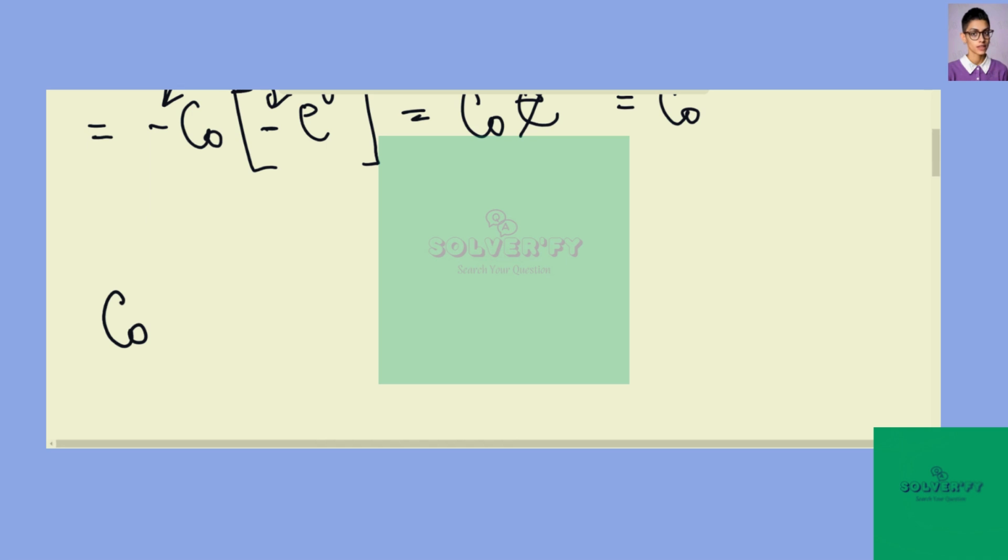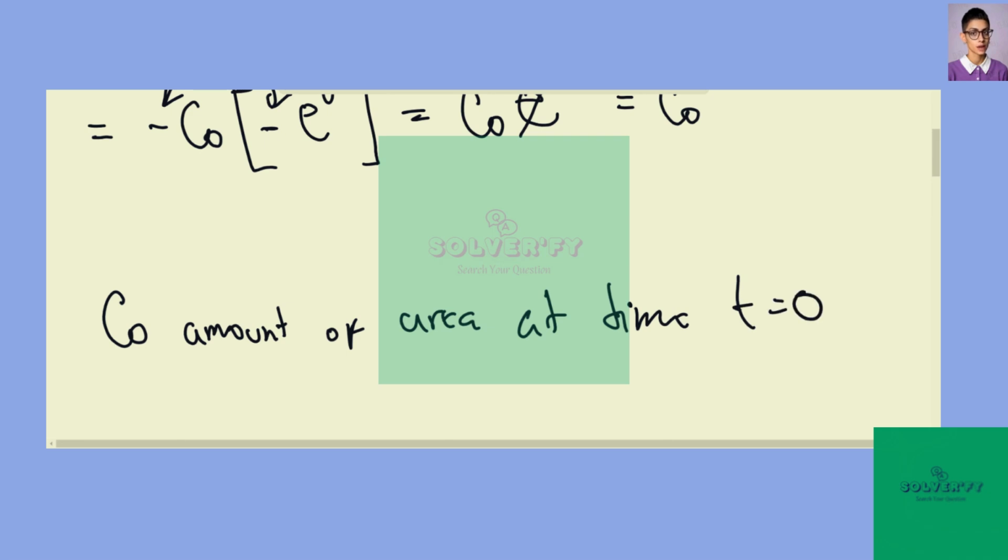That is the interpretation of this integral: the initial amount of urea. So we have extracted all of that amount of urea when we take the time to infinity, because that's the maximum we can extract from blood.